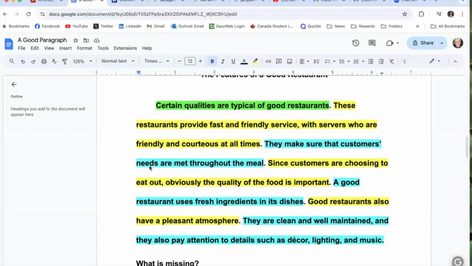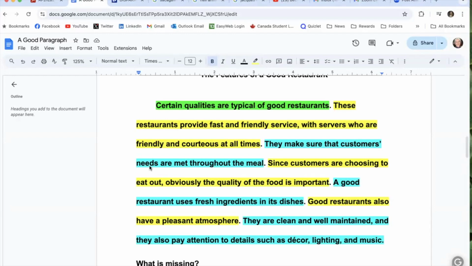And Ella, what is that one? They are clean and well maintained, and they also pay attention to details like decor, lighting, and music. Okay, that word is a French word, décor. Does everybody know what décor is? Okay, decor is how the restaurant is decorated.